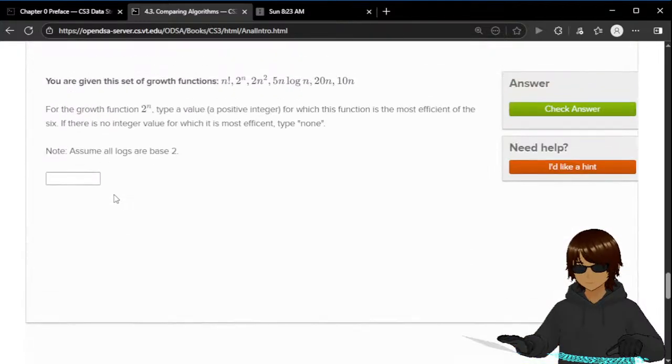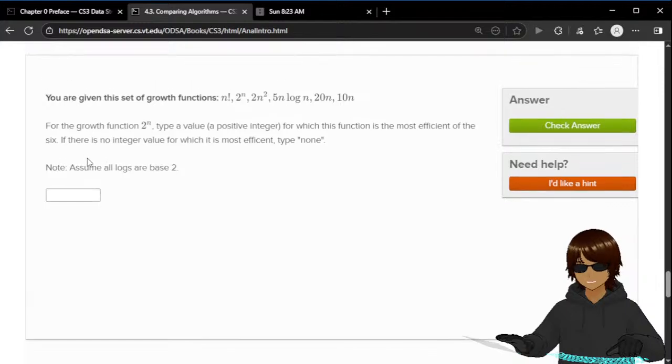Assume all logs are base 2. You're given this set of growth functions. For the growth function 2 to the power of n, type a value for which this function is most efficient of the six. If there's no integer, type none. So when n is 0, okay, when n is 1, we have 1, 1.